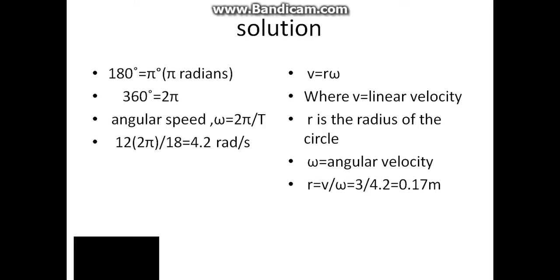Making r the subject of the formula, we now have r is equal to v over phi, linear velocity over angular velocity, which is 3 over 4.2, which will give us a radius of 0.17 meters. The radius of the circle is 0.17 meters.